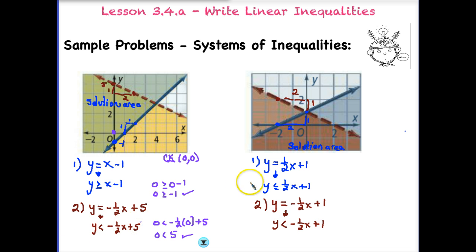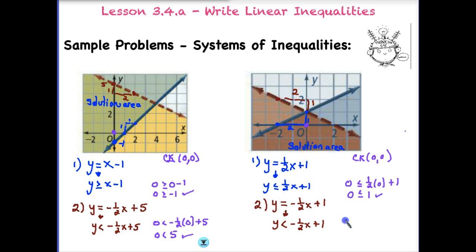Okay, we're almost done. We just need to pick a test point. If you'll notice, 0, 0 is once again in our overlapping solution area, so I am going to check the point 0, 0. Let's go ahead and plug it in. In our first equation, 0 has to be less than or equal to 1/2 times 0 plus 1, and 0 is less than or equal to 1, and that's true.